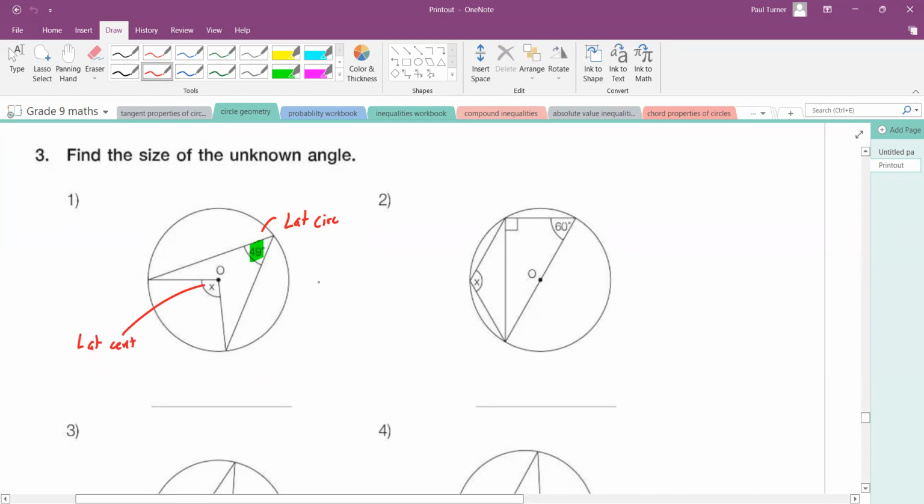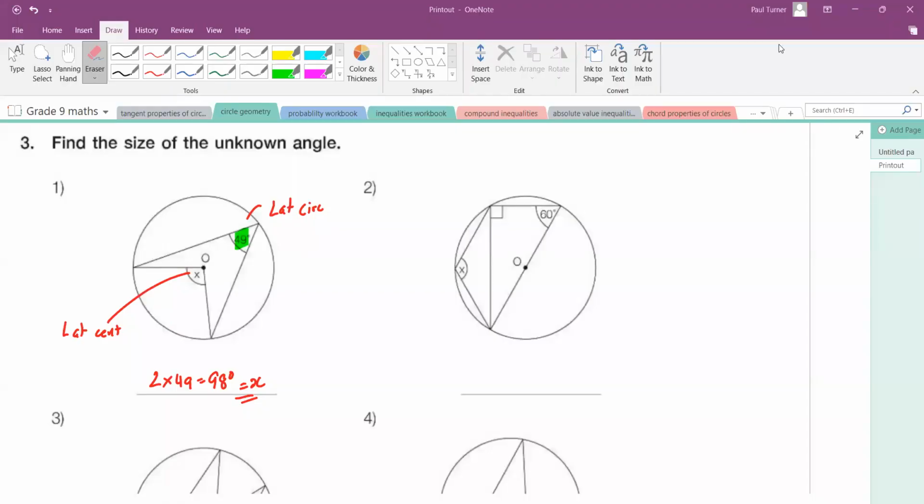So remember the rule, angle at center is 2 times angle at circumference. So if you want this angle X, we need to multiply this angle by 2. So 2 times 49 is going to be 98 degrees. So that's your angle X.